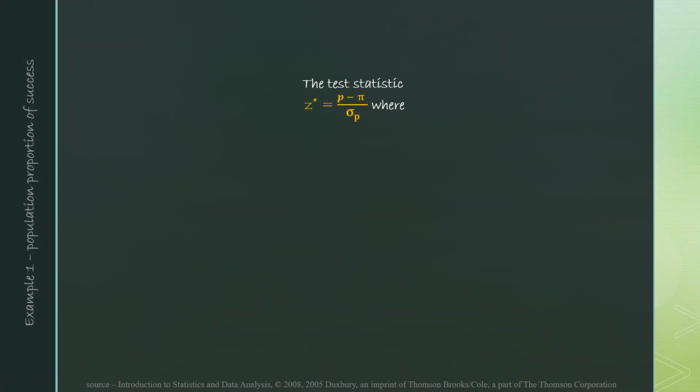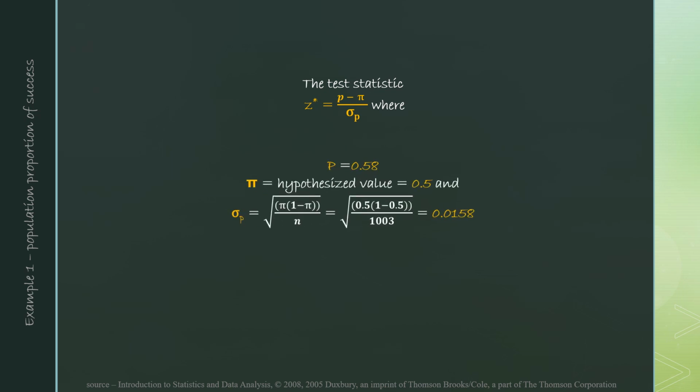The test statistic Z star equals P minus pi divided by sigma P, where P equals 0.58, pi equals the hypothesized value, which is 0.5, and sigma P equals the square root of pi multiplied by 1 minus pi divided by n, which equals the square root of 0.5 multiplied by 1 minus 0.5 divided by 1003, which in turn equals 0.0158.